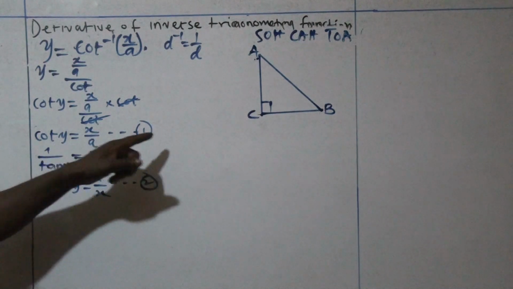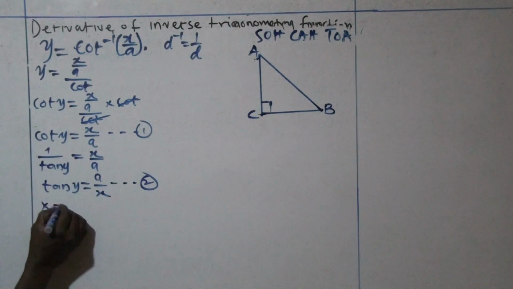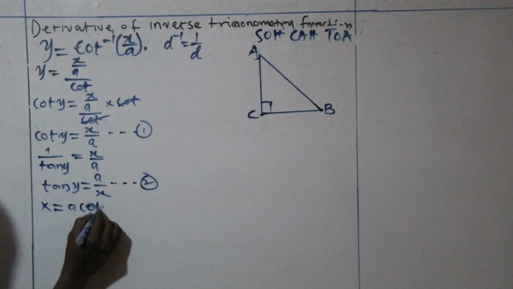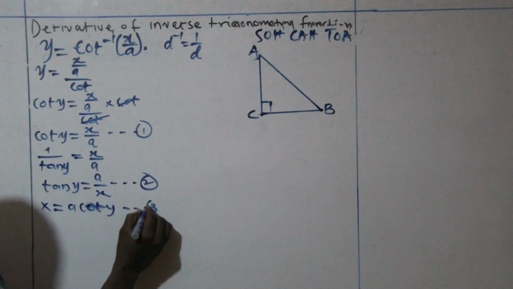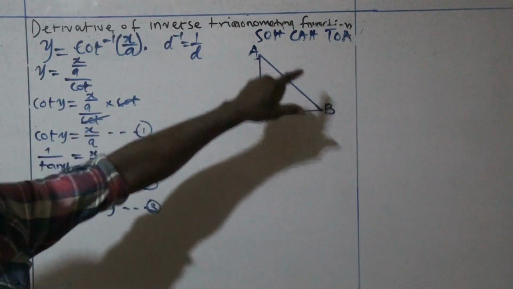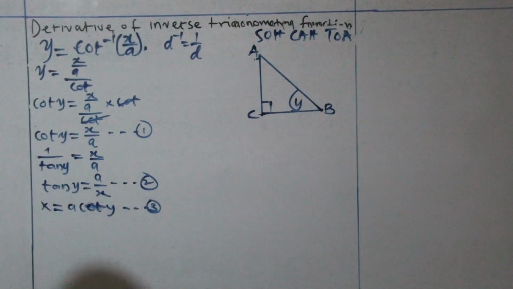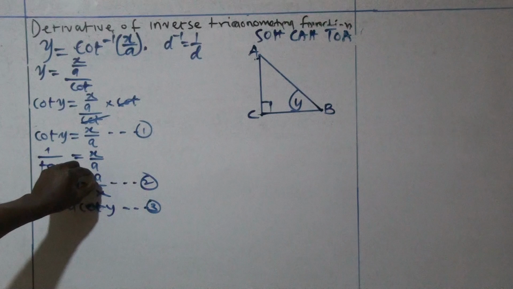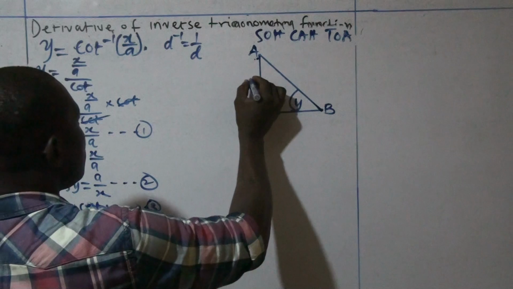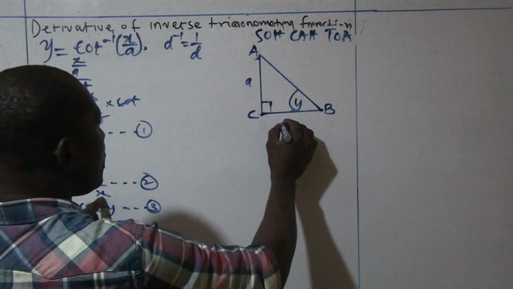Then from equation 1 we can make x the subject of the formula, and if we do that, x will become a cot y. This is equation 3. Now from equation 2, we use it to establish a fact. Assuming this is our angle y, tan is opposite over adjacent. So our opposite is a, and our adjacent is x.